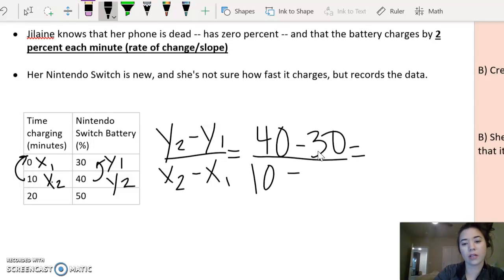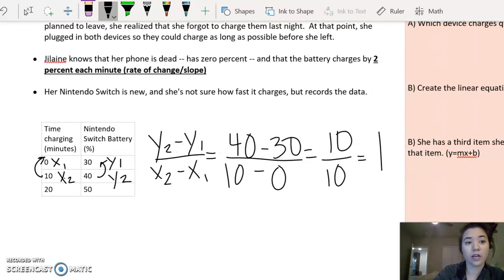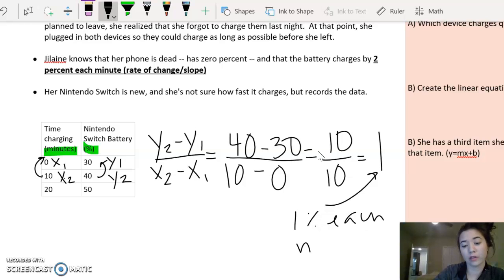So 10 minus 0. 40 minus 30 is 10. 10 minus 0 is 10. And we know that 10 over 10 equals 1. So that means her Nintendo Switch charges by 1% each minute.